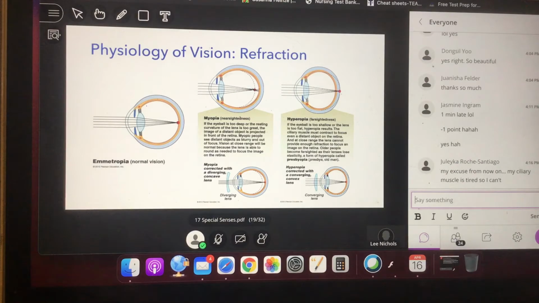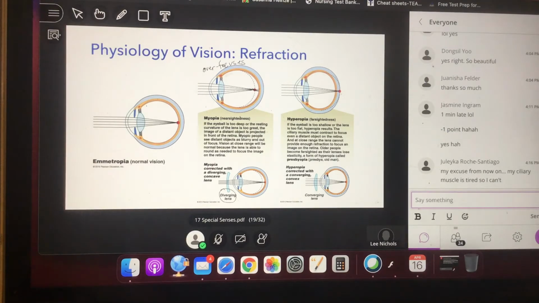If that's the case, that's referred to as myopia, what we sometimes call nearsightedness. We sometimes say it happens because the eye is too long, or we could also say that the lens over focuses or over accommodates. It does too good of a job, and it sharpens the focus before the image actually gets to the retina.